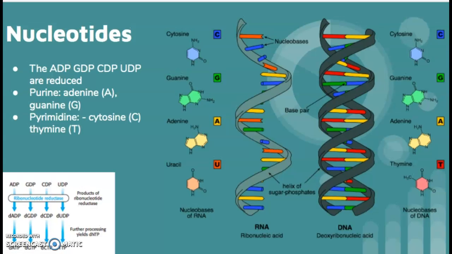So basically, the newly formed ribonucleotides are going to serve as the building blocks of RNA and DNA. As we know, RNA is a little bit different than DNA. It consists of cytosine, guanine, adenine, and uracil, whereas the uracil in DNA is replaced with thymine.